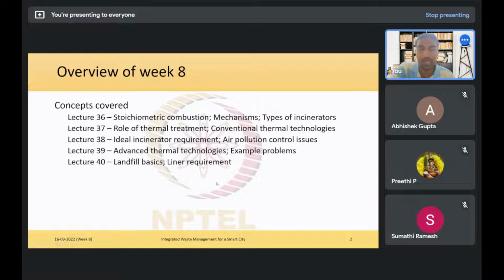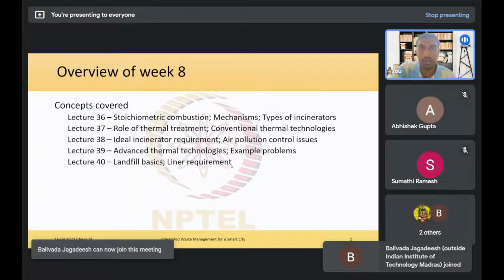In the final lecture, after the thermal treatment, we went into the basics of landfills, and we ended with the requirements for the liner, which is to prevent the seeping of the leachate into the groundwater. So what are the requirements for a liner system for an engineered landfill? That's what was covered in week number 8.